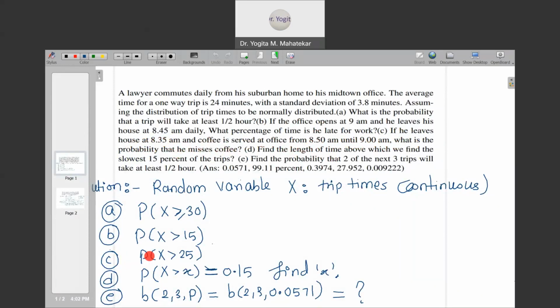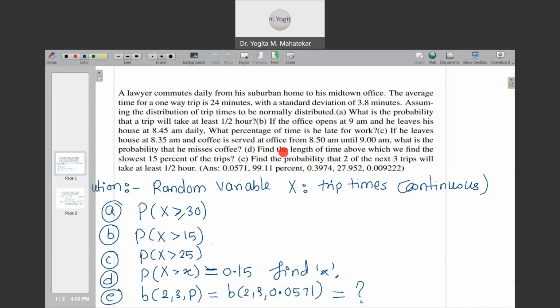The C part can be written as the probability that capital X is greater than 25. As we have solved B part, you can similarly solve C part by changing your parameter from 15 to 25, and you will get the probability that he will miss the coffee.